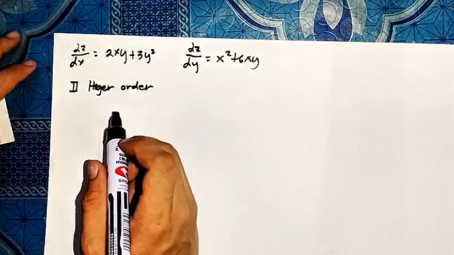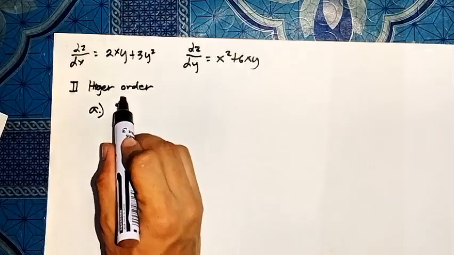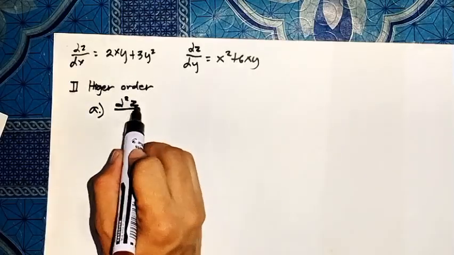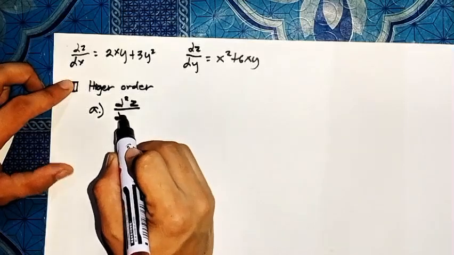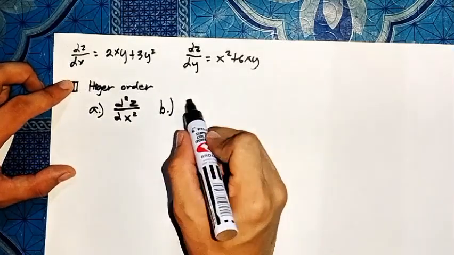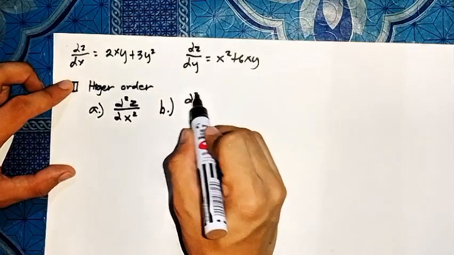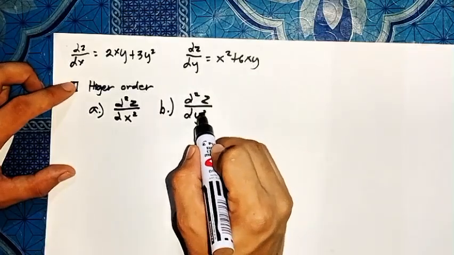We have first the a, partial squared z over partial x squared. B, the second, partial squared z over partial y squared.